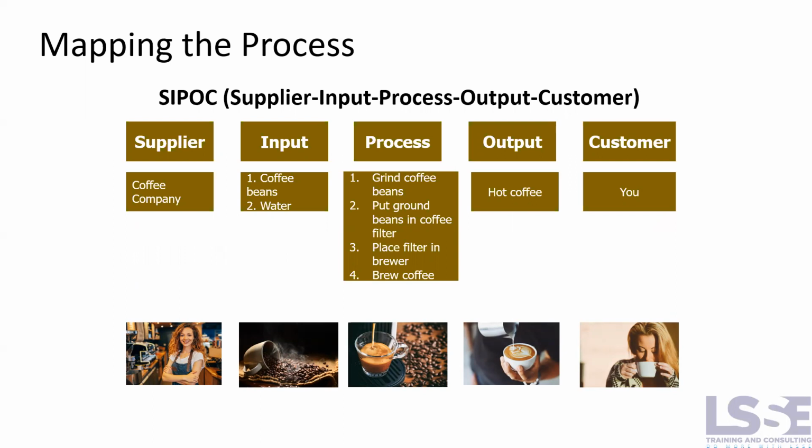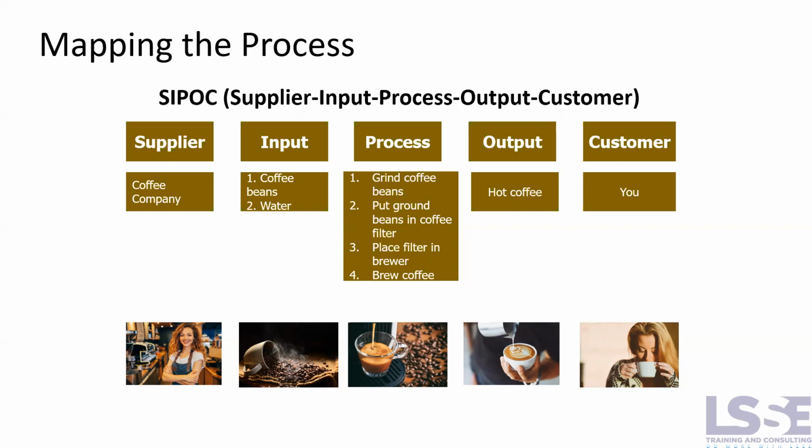The supplier is the coffee company. Their inputs will be coffee beans and water, and the process will be grinding the coffee, putting in the coffee filter, placing the filter in the brewer, and then brewing the coffee. The output will be the hot coffee, and the customer will be you, the one who takes in the output.